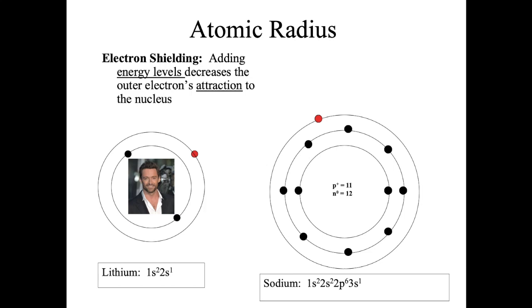So currently, there's just 2 other electrons between me and Hugh Jackman. So I'm going to experience a pretty strong attraction to Hugh Jackman. However, if we look over at my situation in sodium, there are 10 other electrons between myself and Hugh Jackman. So I'm not going to feel nearly as strong of an attraction. And that's basically how electron shielding works.